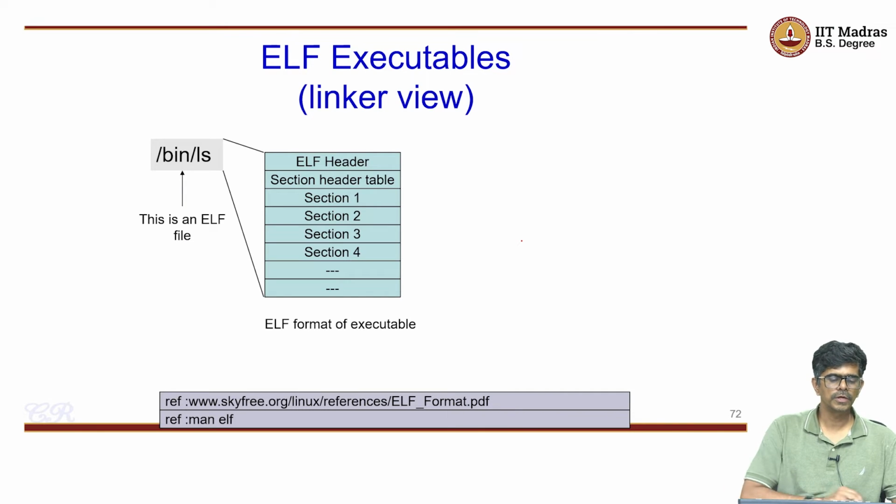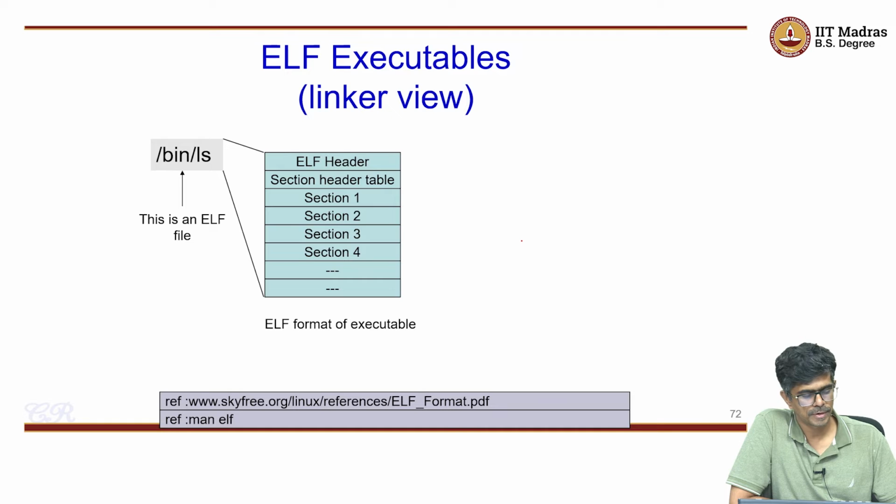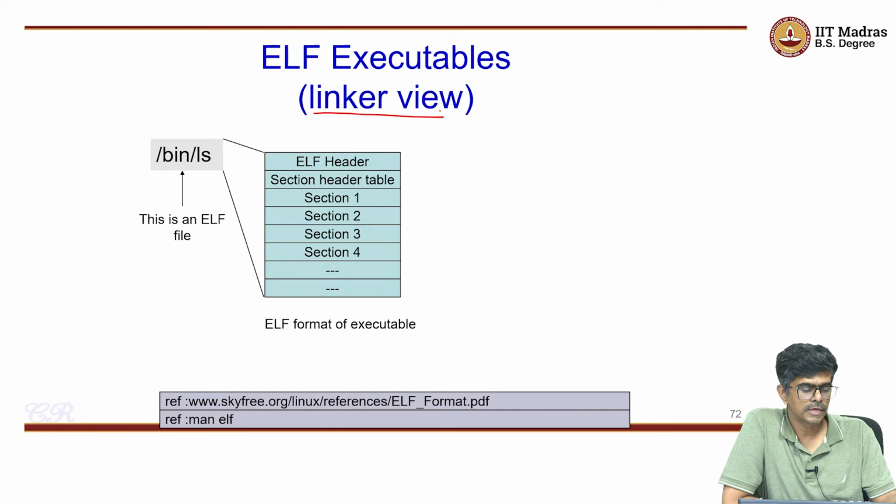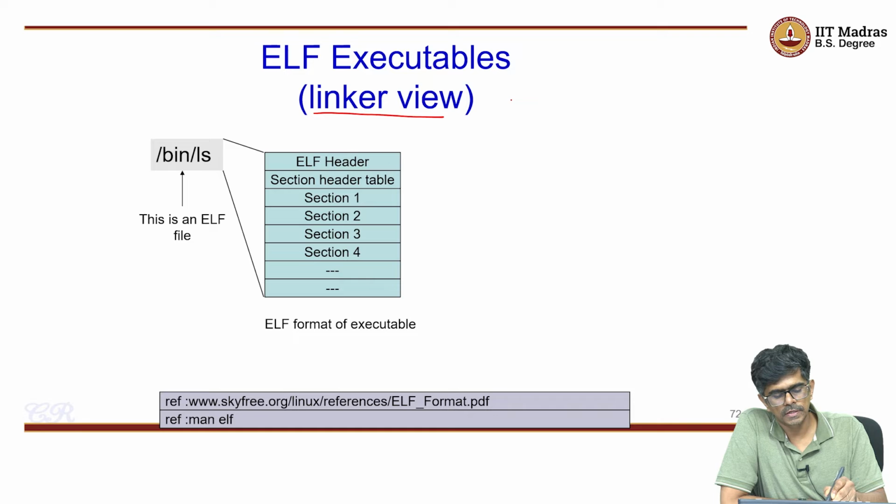Right? So we are looking into the ELF format. The ELF format essentially has two views. It has a linker view, which we see here, and the executable view, which we will see later. Object files and libraries typically make use of the linker view.